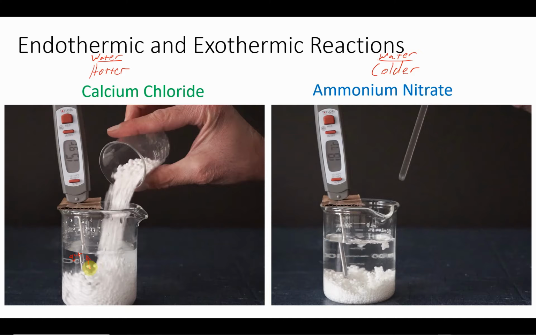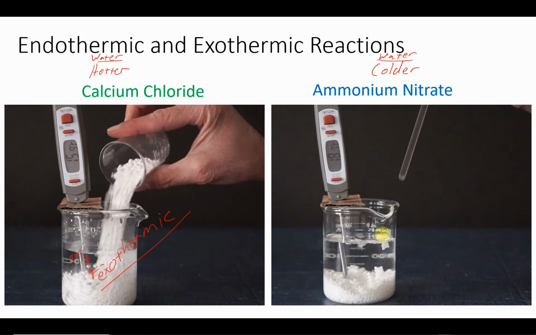That must mean that energy is coming out of this chemical as it does this reaction. So that means if energy is coming out of this reaction, then Q for the chemical is negative. The white particles are losing heat. They're exothermic. So this chemical reaction is exothermic.